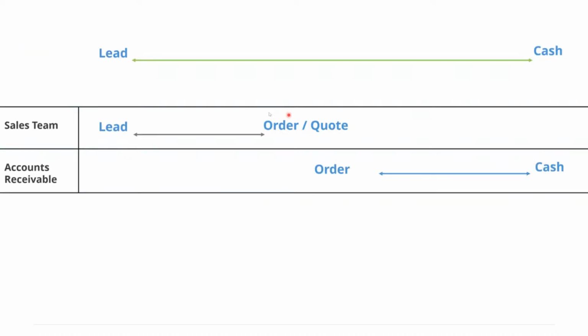So if you've heard before people referring to lead to order to cash as similar sub-processes, I prefer to see all of it as one big process, lead to cash, right? So lead to order means, for example, a salesperson brings a lead, nurtures it, gets it to the order part, where the customer places an order, right?